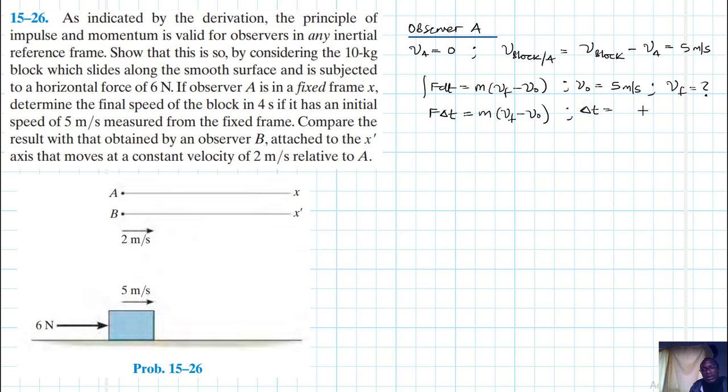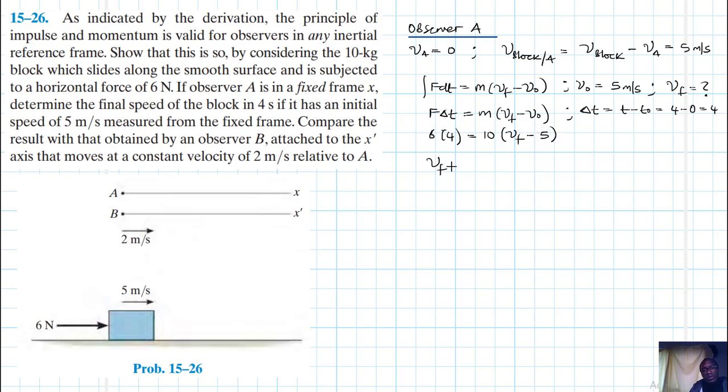Delta t here is just equal to t minus t naught, which is 4 minus 0, which is equal to 4. So this becomes 6 times 4 is equal to 10 times (v final minus the initial speed, 5).